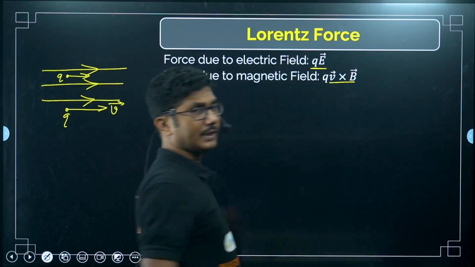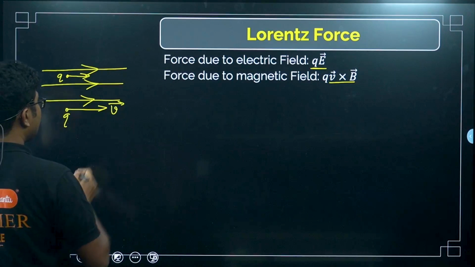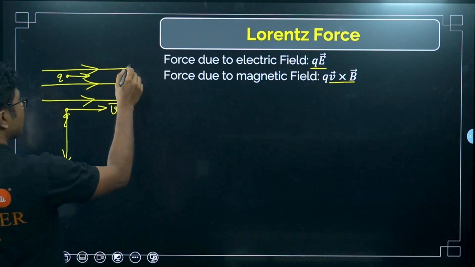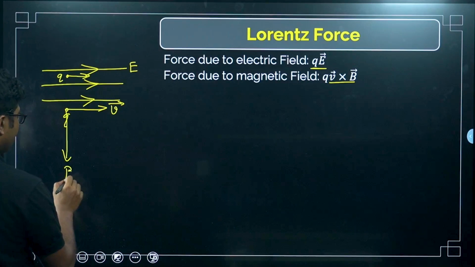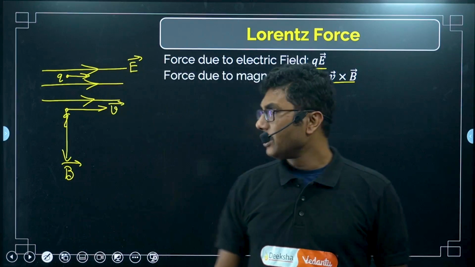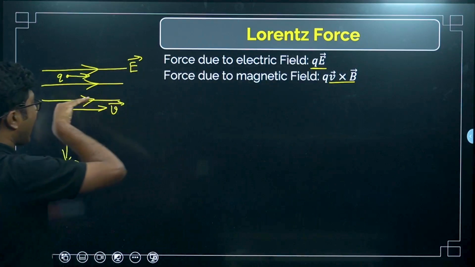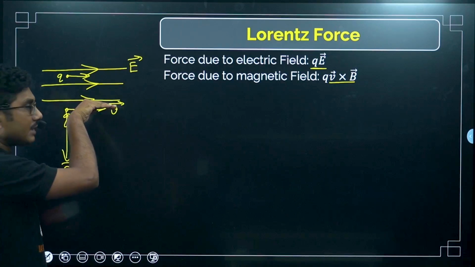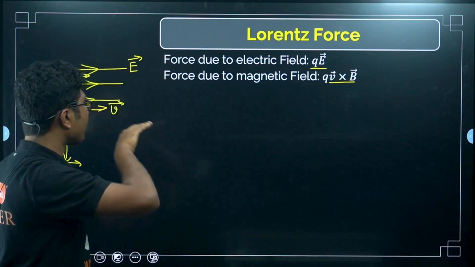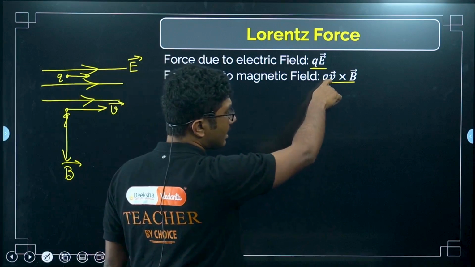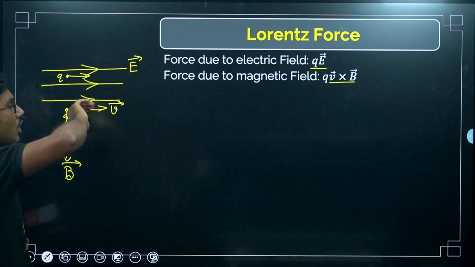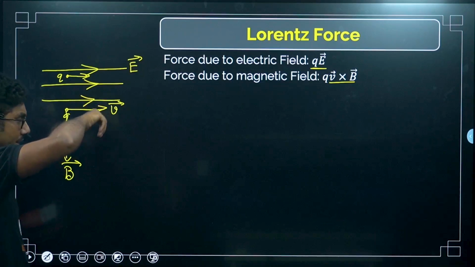So V cross B. Okay, so suppose the electric field is in this direction, and the magnetic field is in another direction. Suppose this is the direction of E, this is the direction of B. Now V cross B means, first we have to align our hand in the direction of V. Then we will rotate our hand towards B. Cross product means first we start with the first vector, and then we rotate our hand towards the second vector in the shortest possible path.